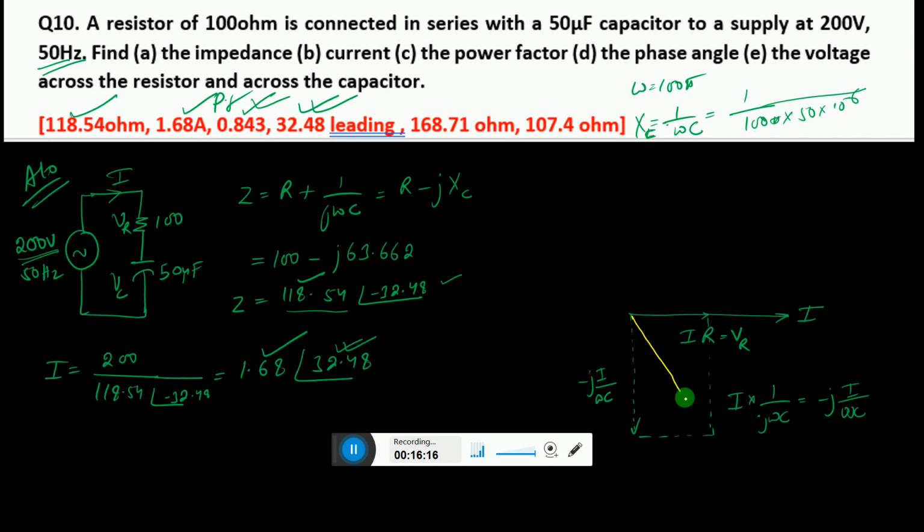This is the value of the voltage. Now the voltage is given without any angle, this is 0 degree. So if we take this as a reference, the current is leading by an angle of 32.48.